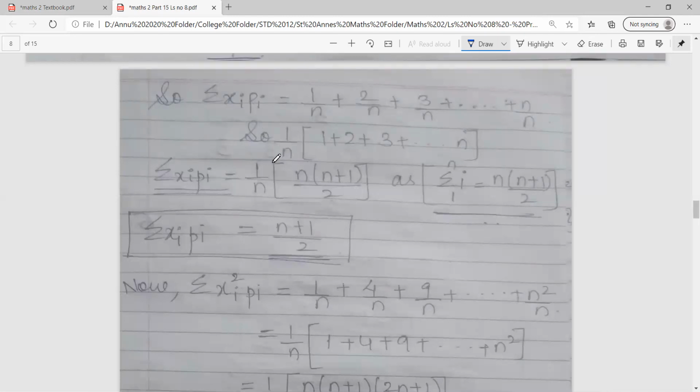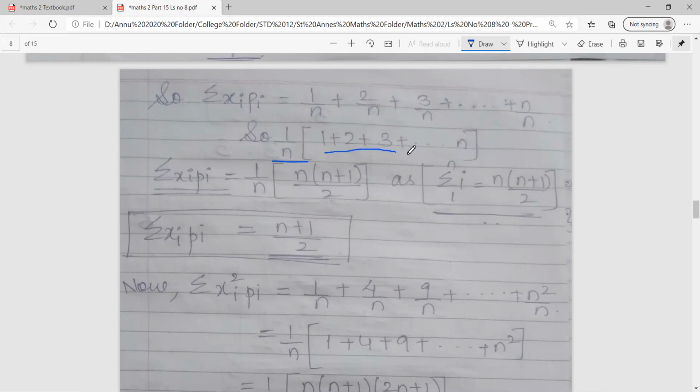Now the common element is 1 upon n, so I'll take that outside. Now I'm left with 1 plus 2 plus 3 and so on. As you can see, we are increasing by one each time, correct?